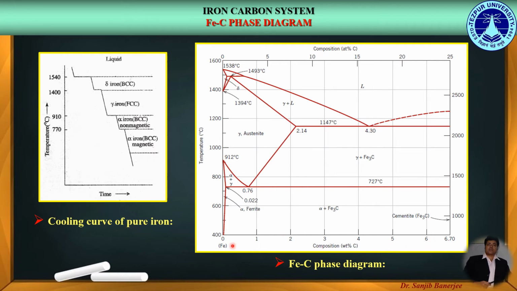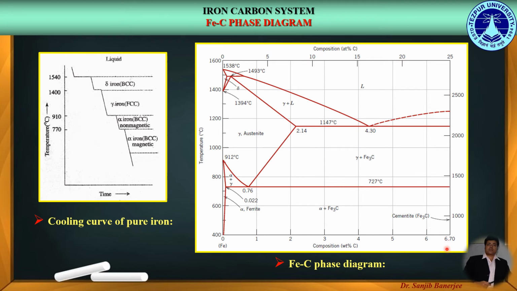Now, the vertical axis in the left hand side denotes the zero weight percent of carbon, that is pure iron, while the vertical axis in the right hand side denotes a particular phase called cementite, which is actually a chemical compound of Fe3C having the carbon weight percent of 6.7.